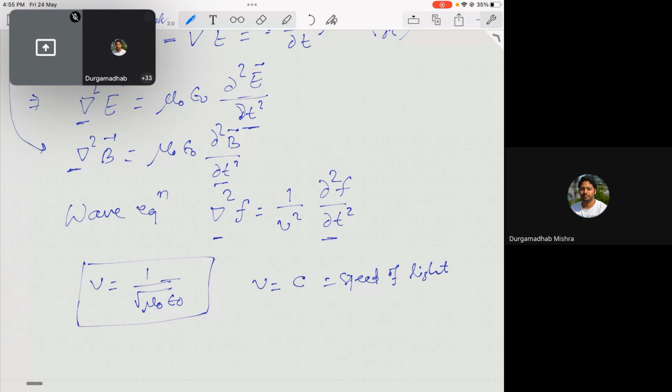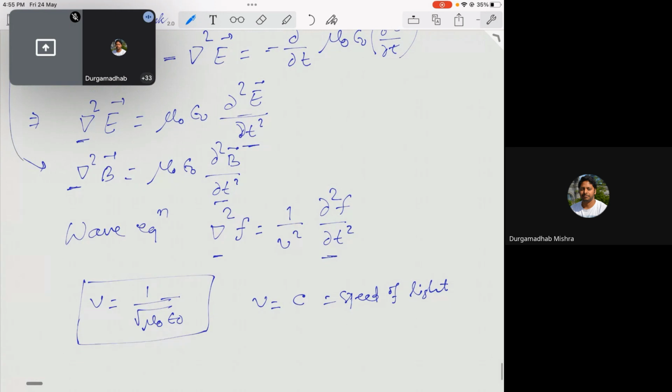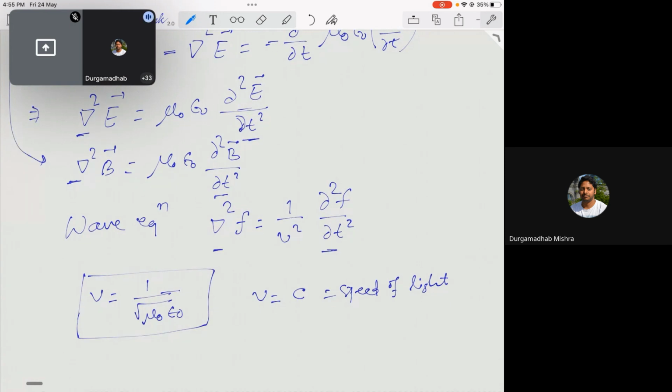This simple derivation is a purely mathematical thing, but it indicates that light is nothing but an electromagnetic wave, whether it is sunlight or UV or X-rays. So all light that was known at that time or discovered later, people realized, is a form of electromagnetic wave.